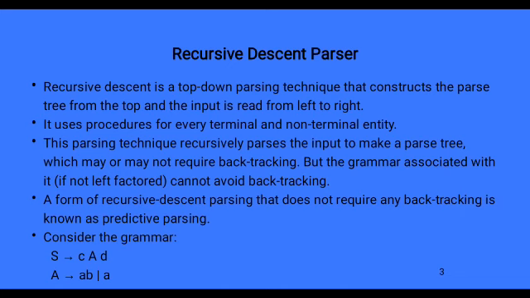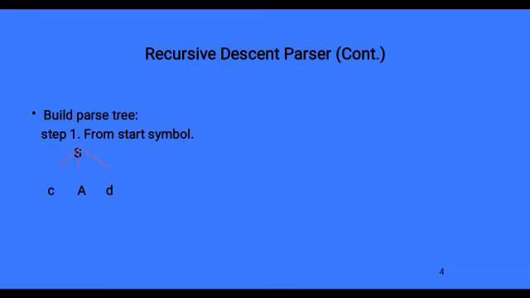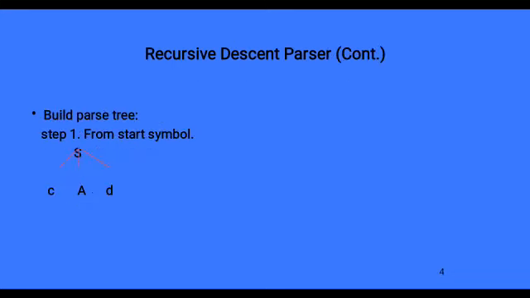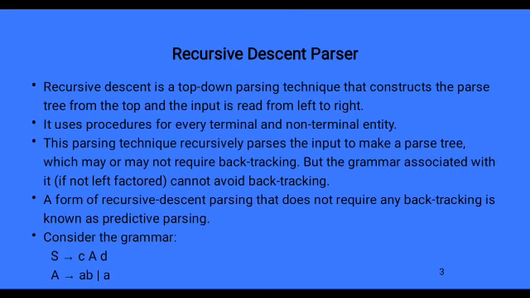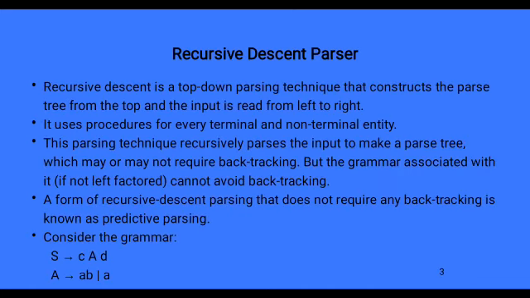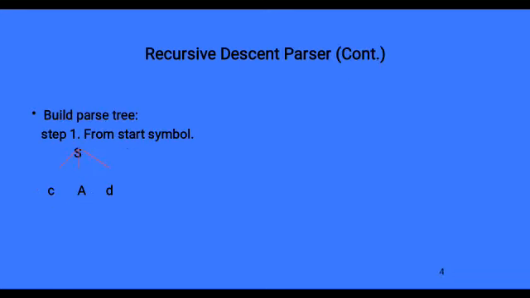We have to substitute and draw the parse tree for these expressions, and the input string is c A d. Starting with S, because S tends to cAd, I keep S as the root node and S has 3 connections.